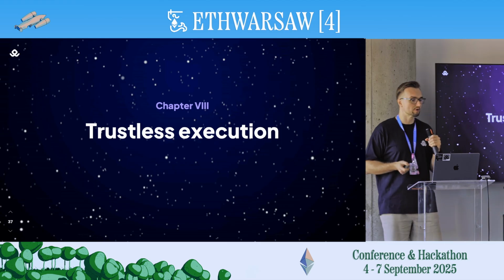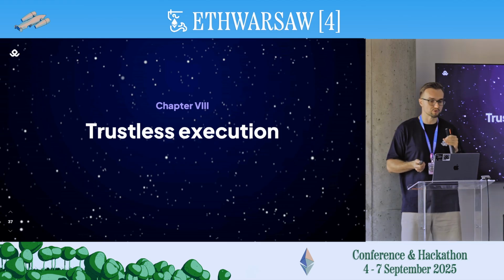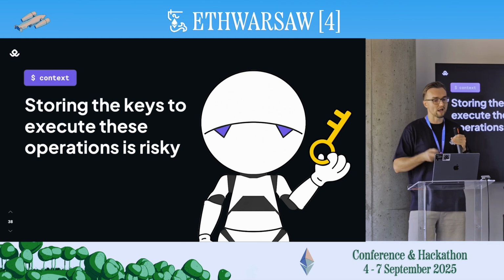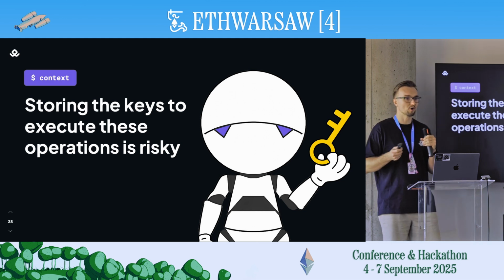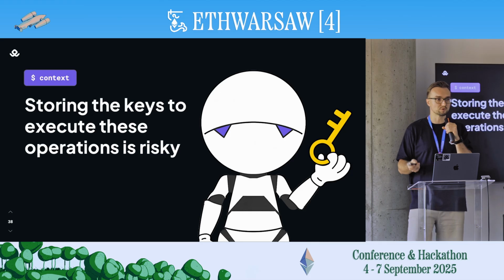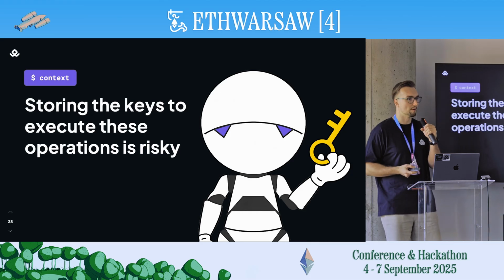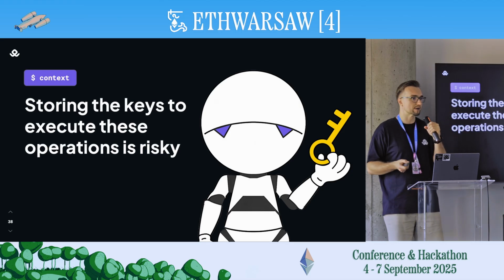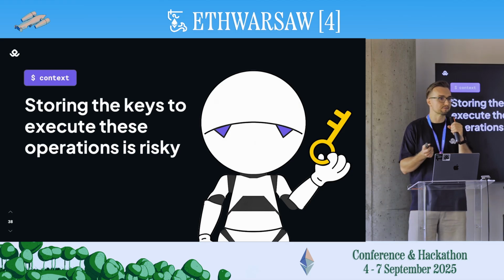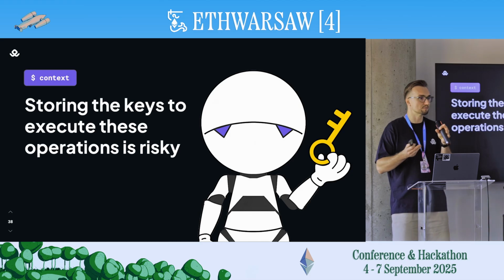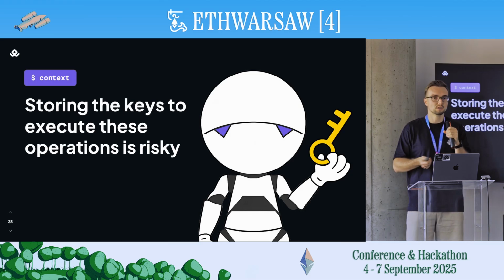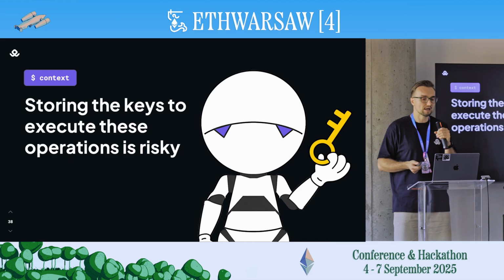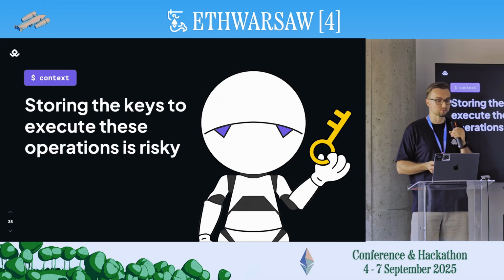Going even further, more important: execution, trustless execution. Storing the keys to execute these operations is risky. We don't want to store our users' keys. We don't want to do this. This is a common security risk right now if you're trying to automate something, because you have to have those keys stored somewhere, and you have to give access to a relayer or to a third party to do so.